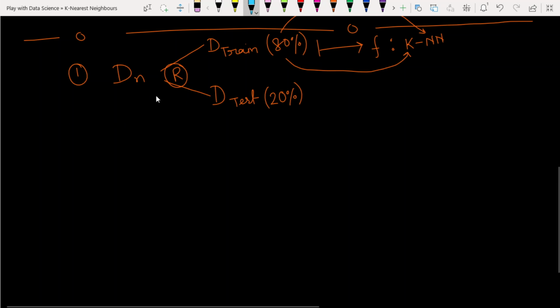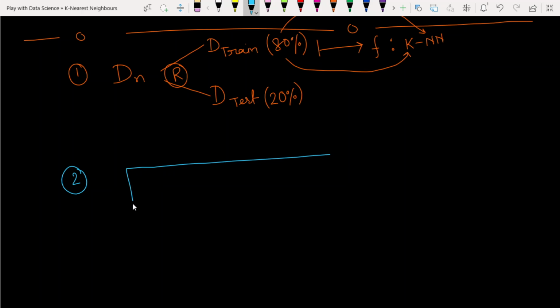In the first step, we partition our data set into train and test, 80% for training data and 20% for test data. Let's see the second step. In the second step, we take our train data. This is our whole train data, and we partition it into 4 parts.